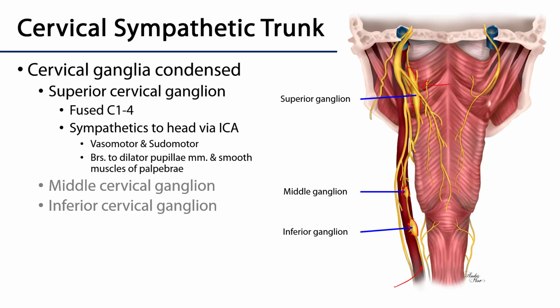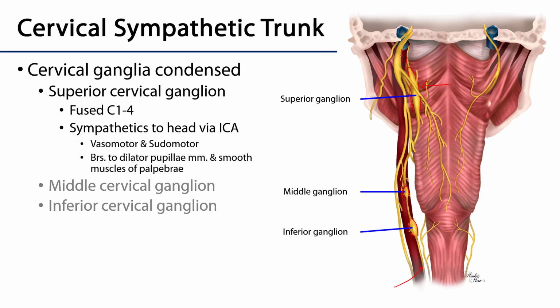We presume that because the gray rami communicantes go back to spinal nerves C1 through C4. And the postganglionic fibers that come from here are servicing the head. Usually they're traveling along either the spinal nerves or through the perivascular plexus of the internal carotid artery.